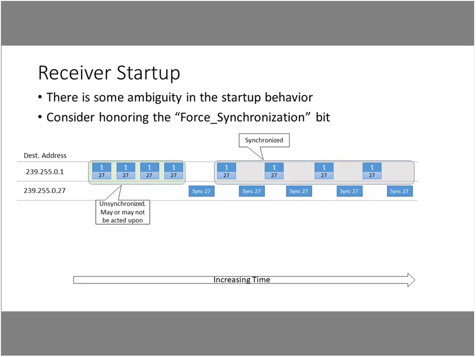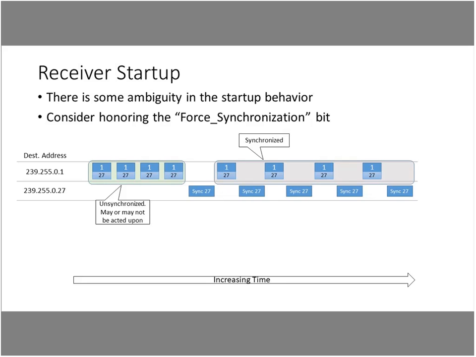An example would be if I'm in a running situation and I've got everything synced, and then I reboot as a fixture. When I first come up, when I get that first packet of data, I may not know if sync is actually active or not until I see the sync packet.